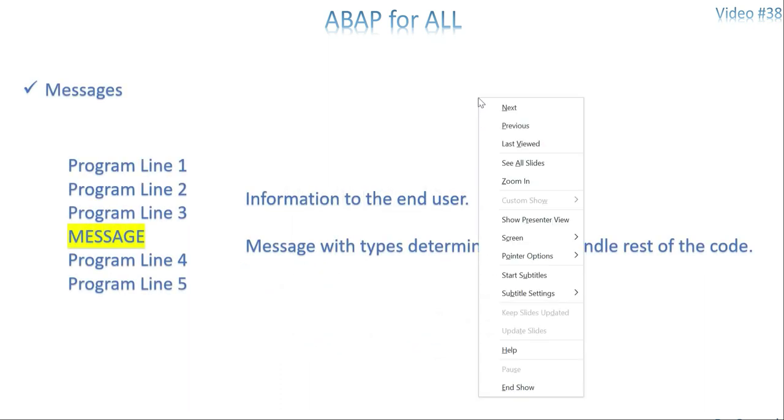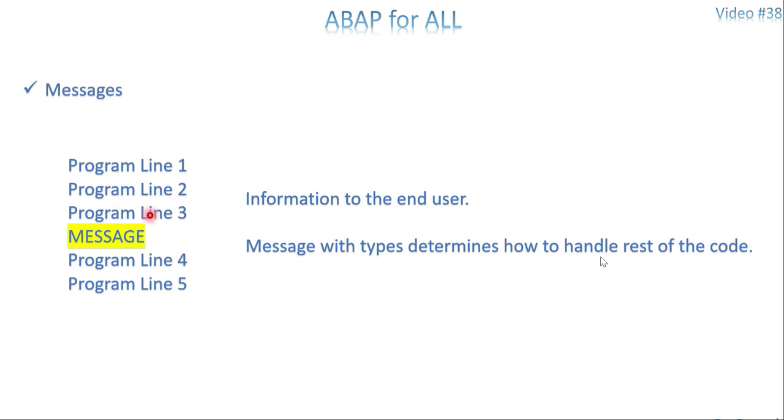So message class is just a generic design. I have some program lines, and then maybe after the third line, I want to send some message to the user, depending on the user input. So I'm going to have a message, and after that I have program lines 4 and 5. Depending on the message type, it needs to determine whether the rest of the program should be executed or not.